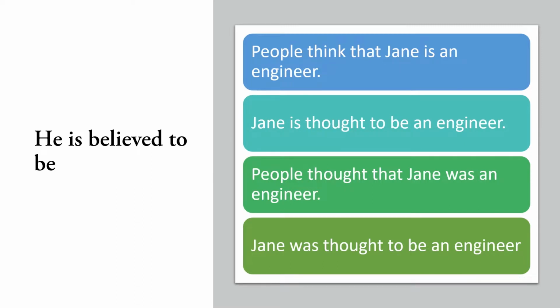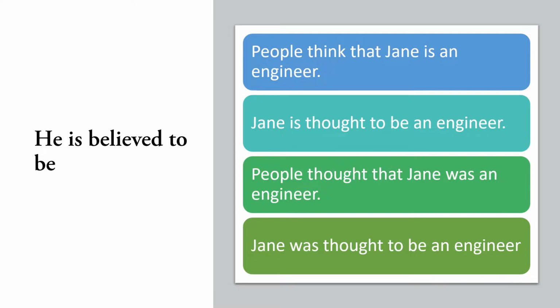So we have Jane is an engineer. What is the verb? Jane is. If we have Jane speaks, we are going to have to speak. If we have Jane writes, we are going to have to write. If we have Jane does, we are going to have to do, etc.